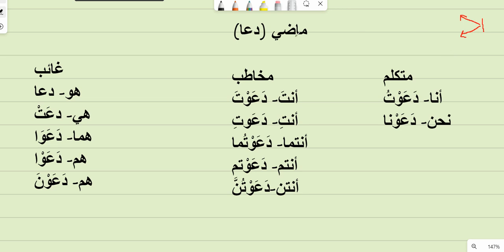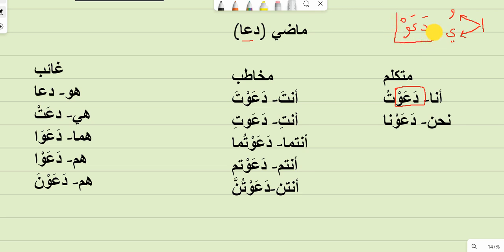So when you change the structure of the madi by attaching the damirs, or when you change it into the present tense, usually alif changes to waw or ya. So this is very important. That's why in this da, when you attach past damir, the stem is da'aw with the waw, with waw sukun.